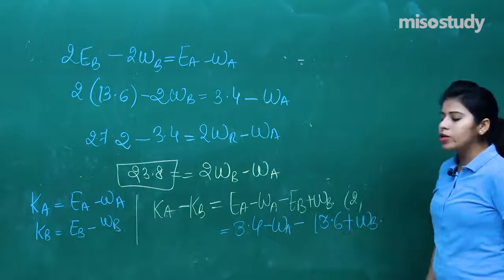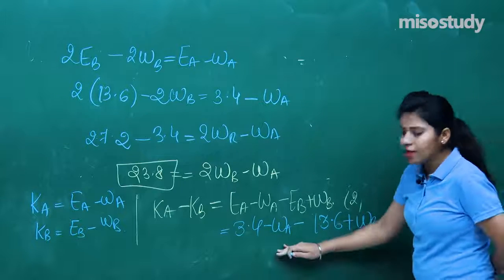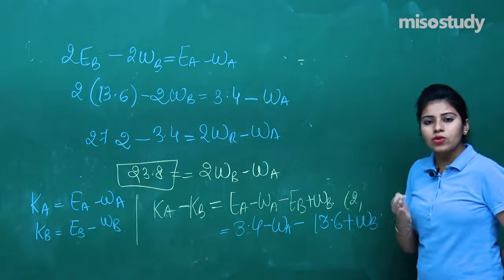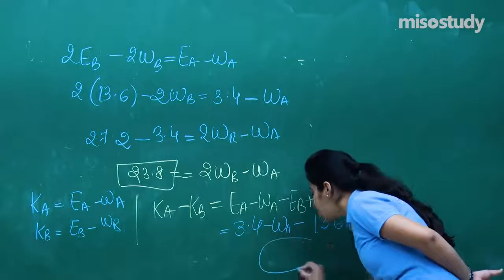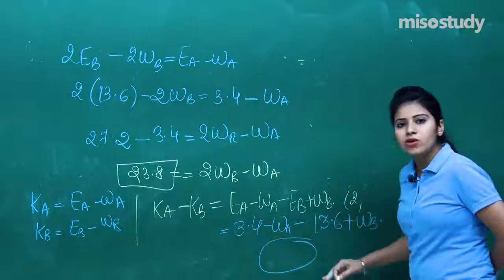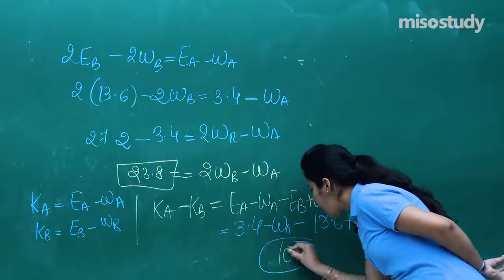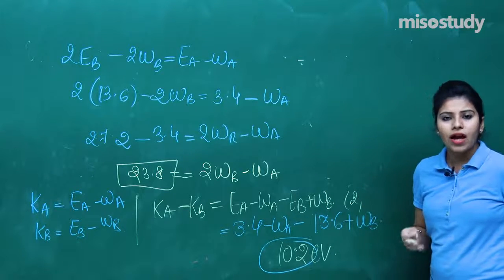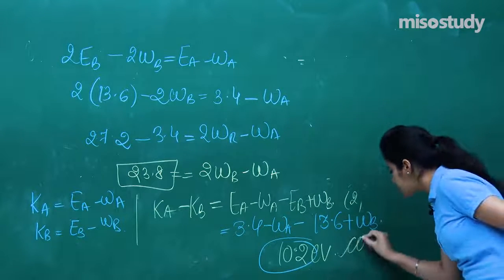And if you are going to solve this by putting the value of WA and WB, you will see that your answer will be a constant term. Let me just say that by putting the value of WA and WB, you are having your energy as 10.2 electron volt, and this is a constant term.